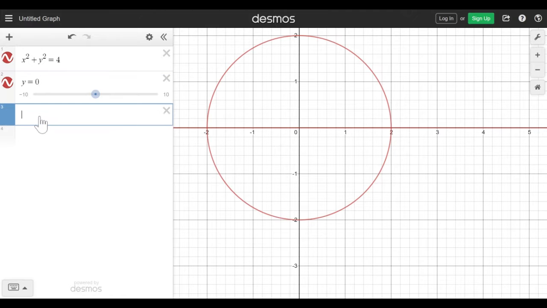And then you have symmetry also for the y-axis. Okay, so this is when you actually replace your variable x with negative x.